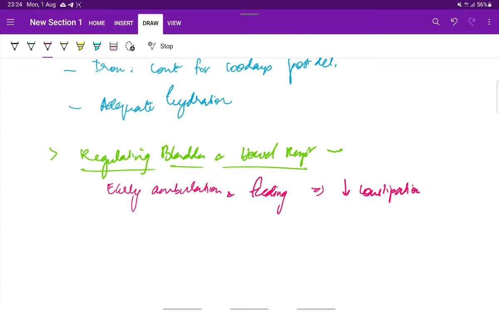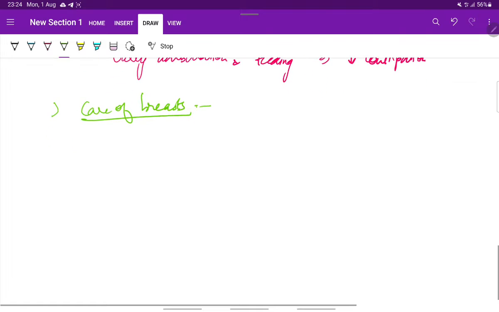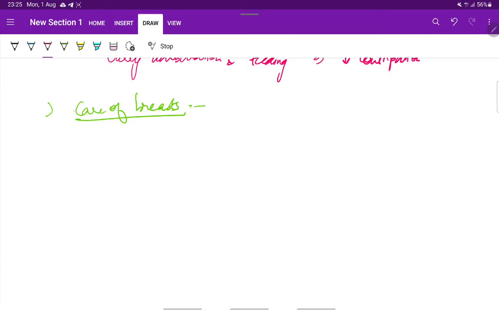Next will be the care of the breasts. Important thing is the early identification of retracted nipple.